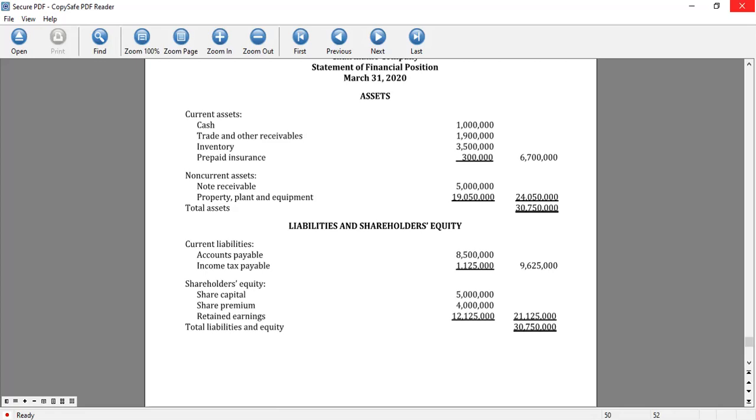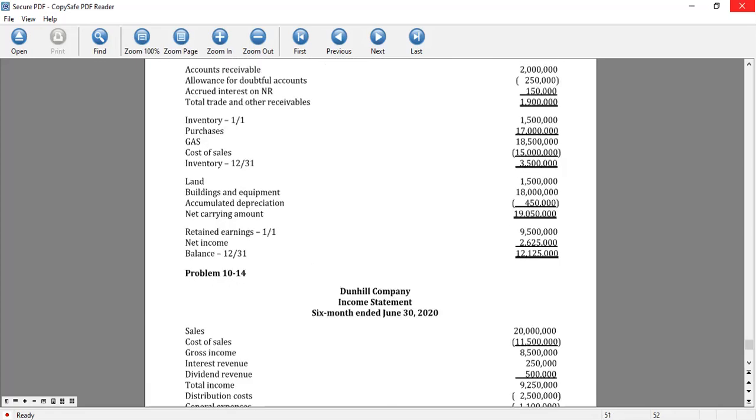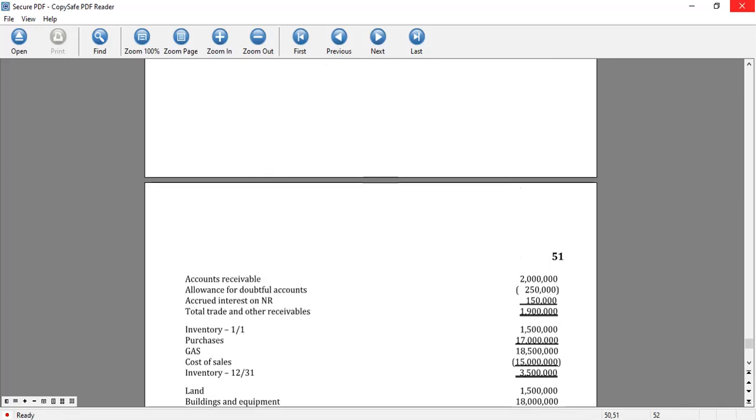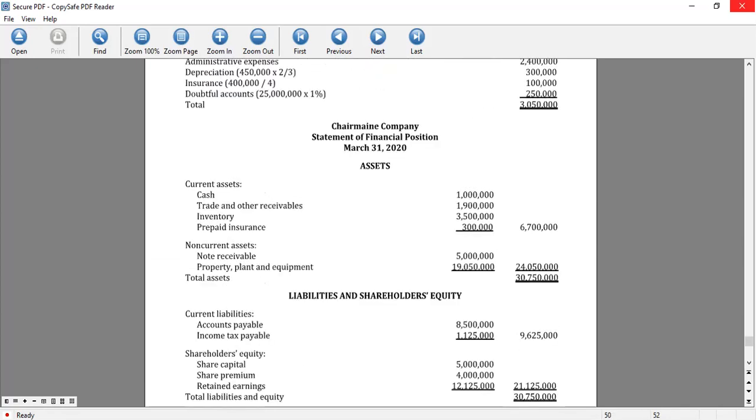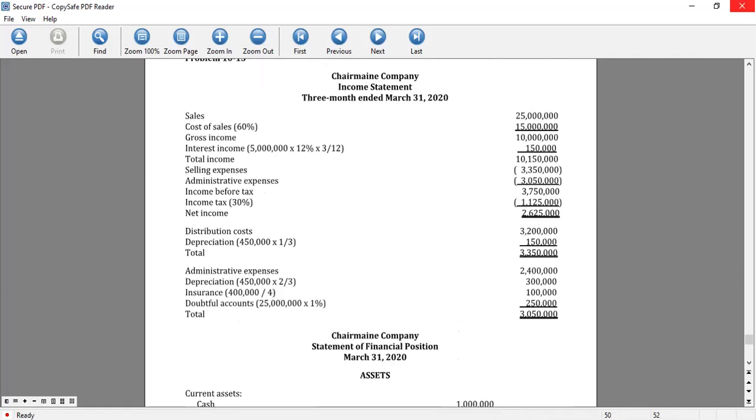12,125,000. Initially, the balance of retained earnings is 9.5 million. Then we are adding net income from the income statement. Our net income is 2,625,000.